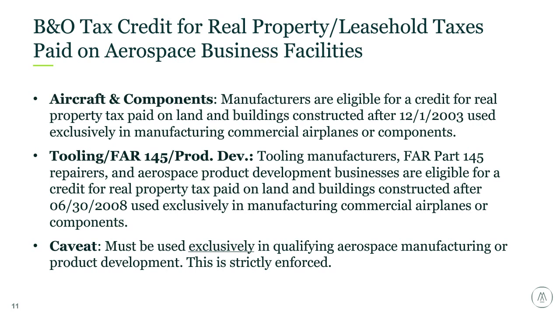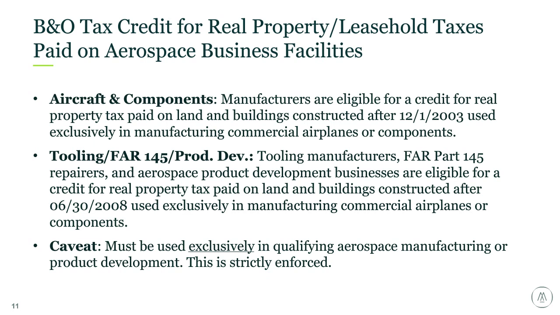On the real property credit, it's specifically only allowed for buildings and land that are used exclusively in a qualifying activity, the qualifying activity here being aerospace manufacturing. Now, that's not to say that if you have multiple buildings and maybe you're doing military work in one and qualifying work in the other, that you can't get it on the qualifying facility.